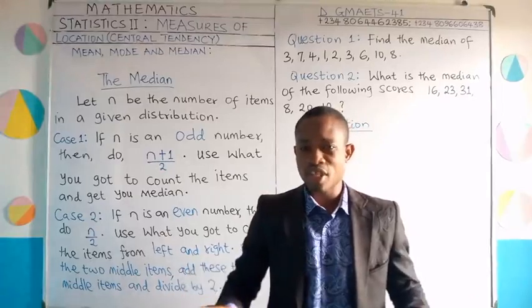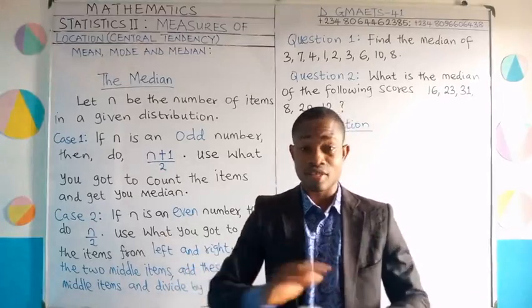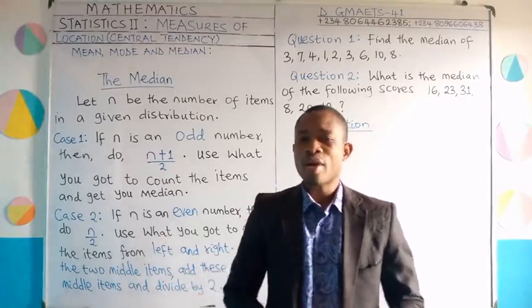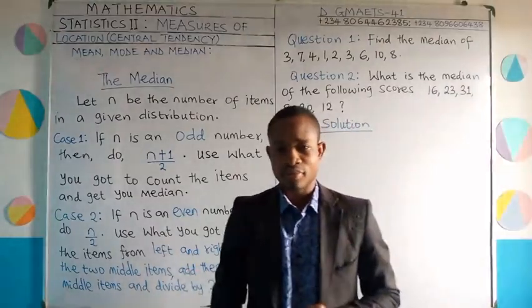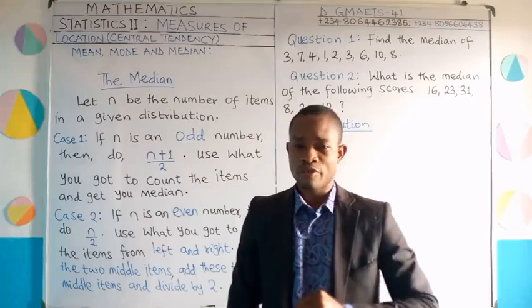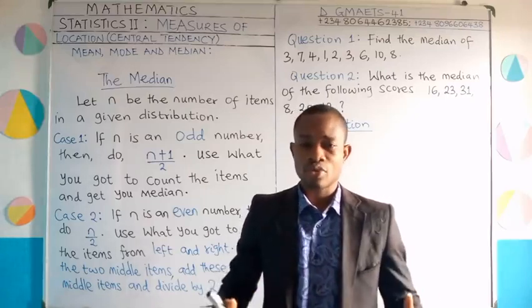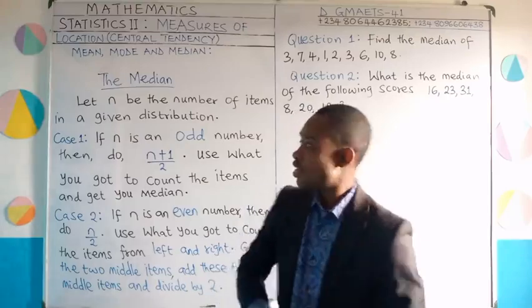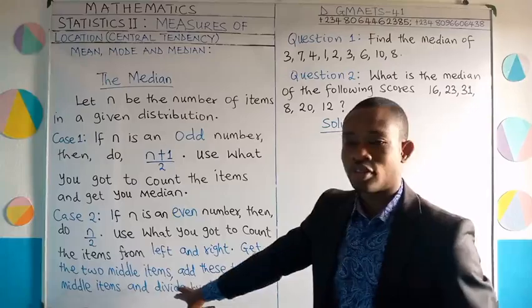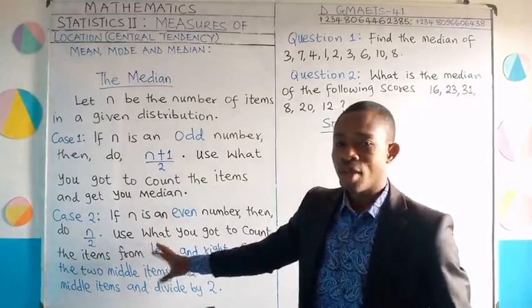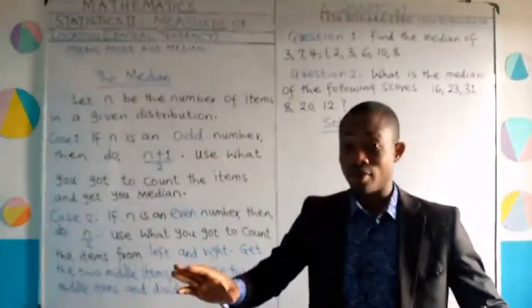We have defined median already. We said it's the middle item in a distribution. But now when you are given a question on median, there is one thing you should do first. You should check how many items you have in that distribution. So look at these notes, very important. You go through it, but I'll quickly explain what this note is about.